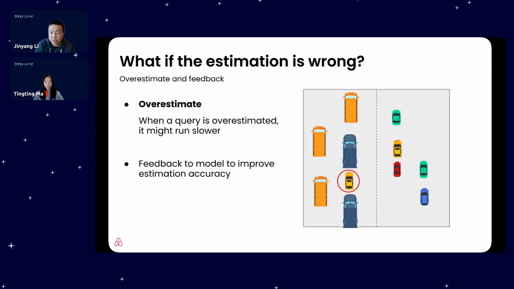This small query is very likely to wait longer than usual. However, in this case, we won't interrupt the query execution, because stopping and rerunning could make things even worse. After a query finishes execution, the actual runtime size is reported back to the workload forecasting service, which makes the next prediction more accurate.